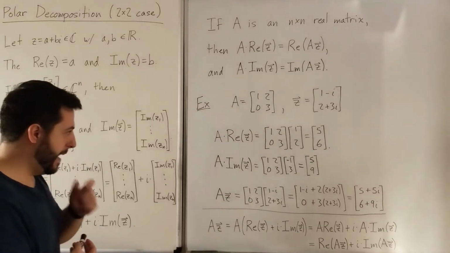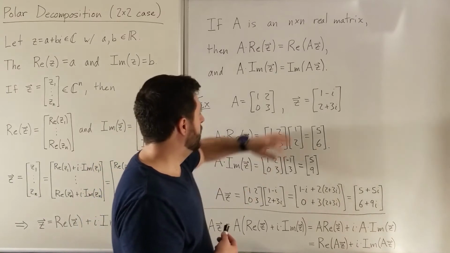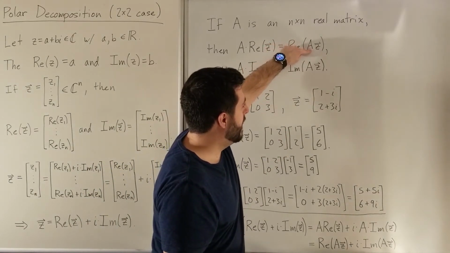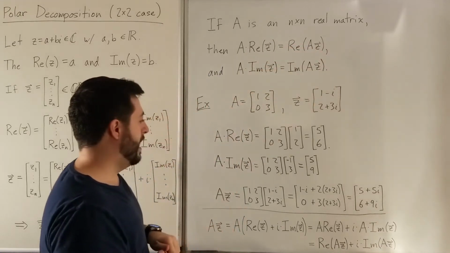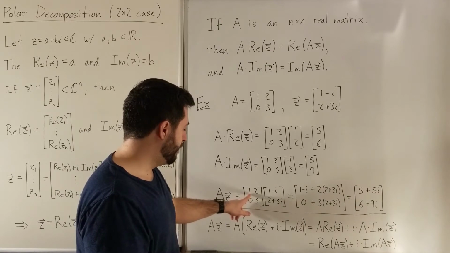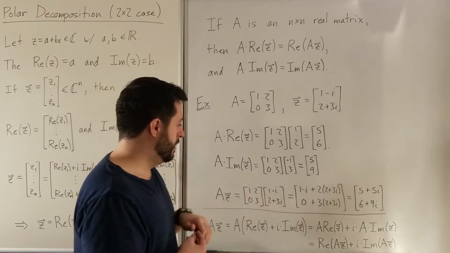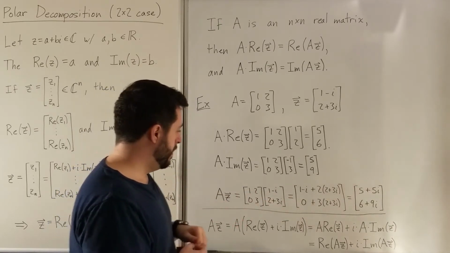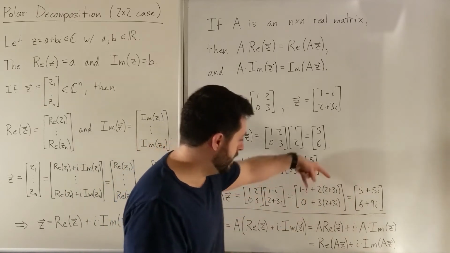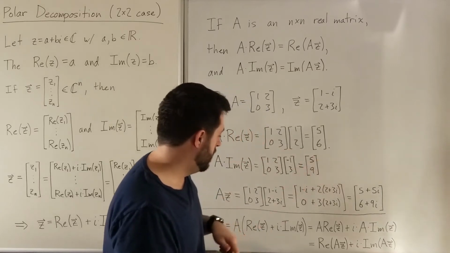Okay? And now instead of writing out this full term right here, really I just want to look at this vector A times z, and we can analyze what it is afterwards. So we have A times the vector z is going to be 1 times the first coordinate plus 2 times the second coordinate. That's this top part right here.